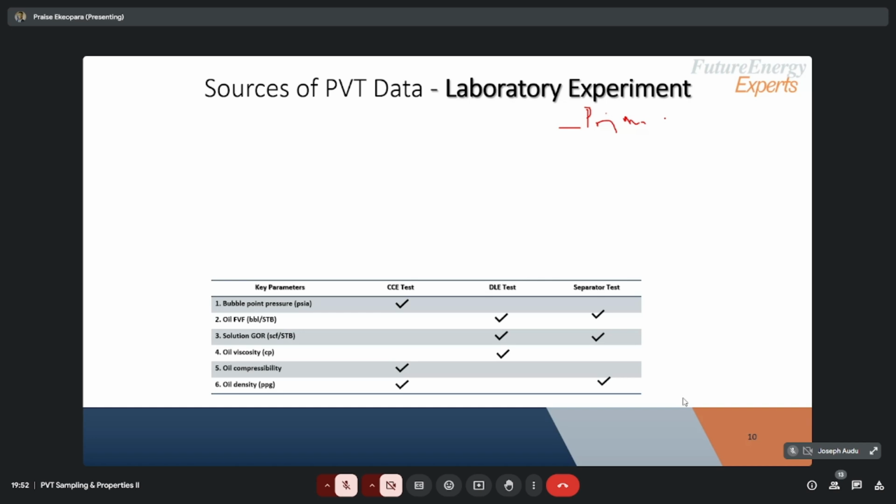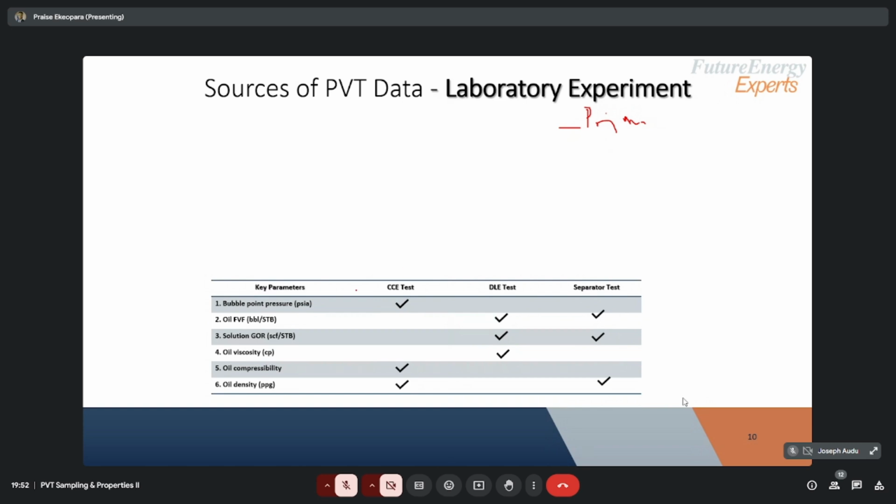You must collect your fluid samples and perform some specialized experiment. That's where you'll be hearing things like slim tube test and some other tests, right? Those are specialized because you want to test the integrity of your reservoir fluid and everything before you can implement some external influences to it.